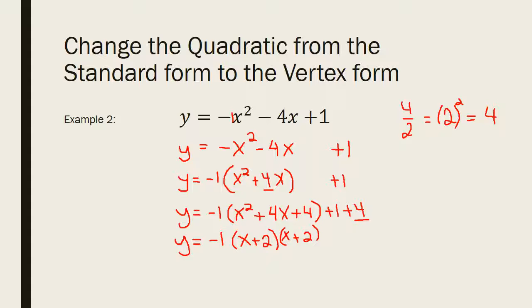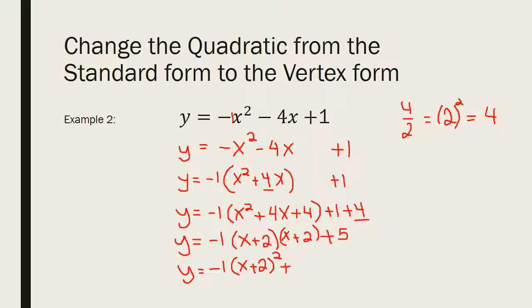And then outside I have 1 plus 4, which is a 5. x plus 2 is multiplied by itself, which means I can write this as x plus 2 squared, and add the 5.